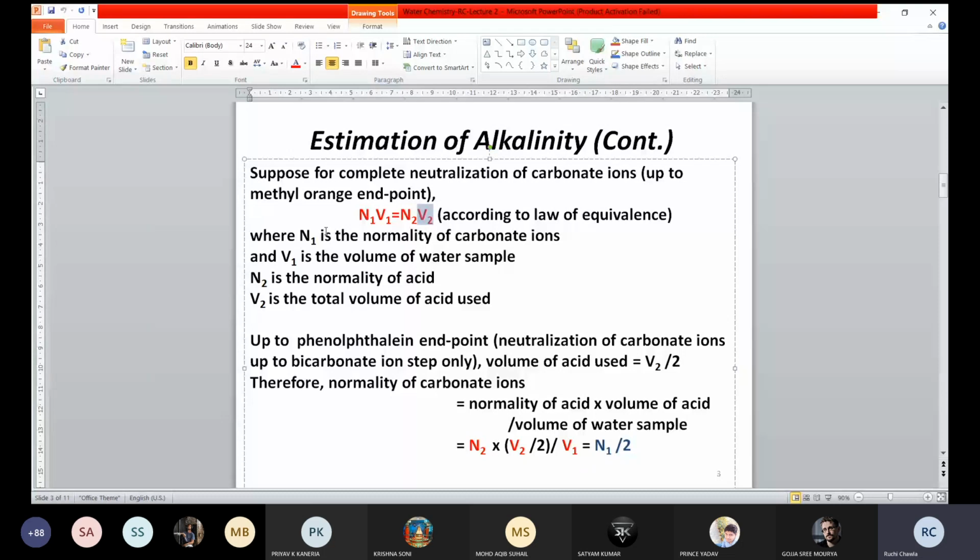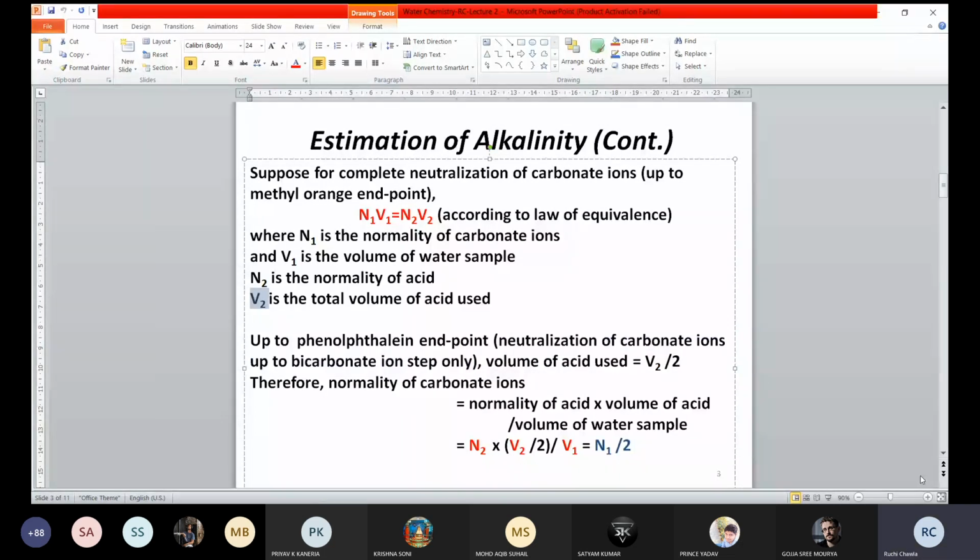Now, if this is the case, come to the phenolphthalein endpoint now. So up to phenolphthalein endpoint, what will happen? Only half the neutralization of carbonate would have taken place. That is neutralization of carbonate up to bicarbonate step only. Now tell me, if that is the case, what volume of acid will be used? If for total neutralization you required V2 ml, then for the first step only, what volume of acid will be required?